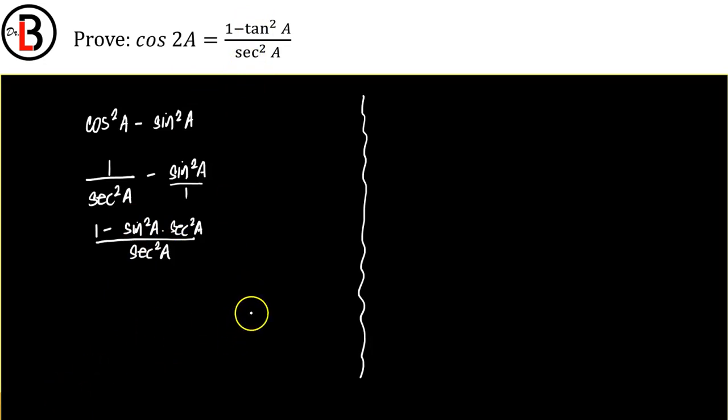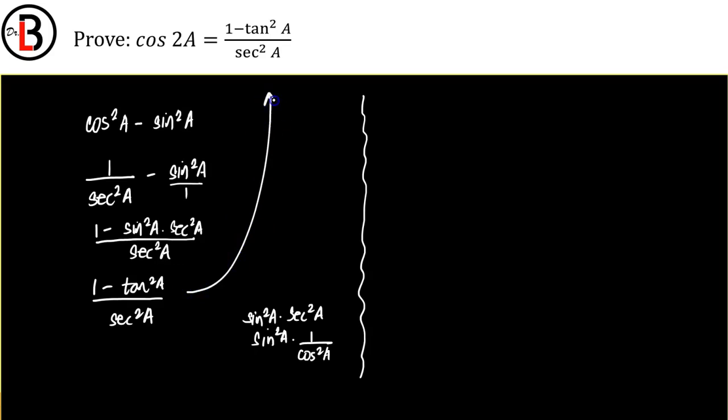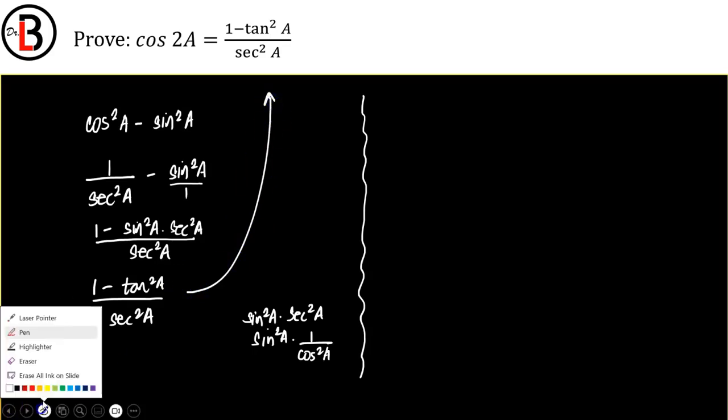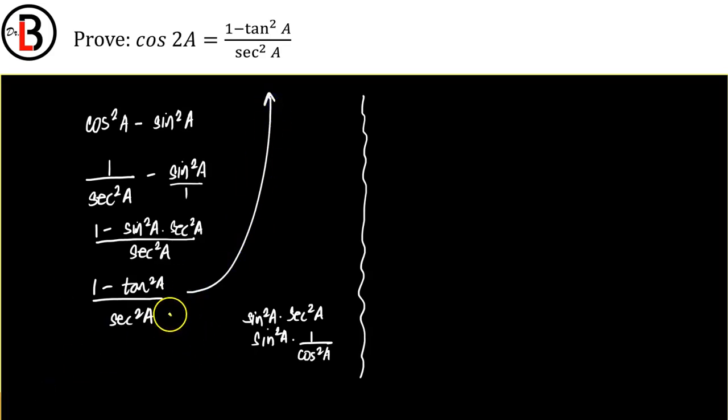Do take note that sine squared a times secant squared a can be written as sine squared a times 1 over cosine squared a, which is sine over cosine. This one is actually tangent squared a all over secant squared a. So this one and that one would be the same. So we were able to prove the identity.